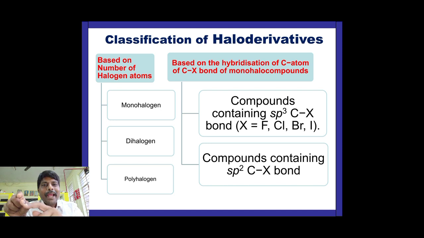If that carbon hybridization is sp3, that is one type of classification. If the halogen atom attached carbon is sp2 hybridized, those halogen derivatives are of another type. Along with this, monohalogen derivatives are again classified into primary, secondary and tertiary. Now we will see in a detailed manner.